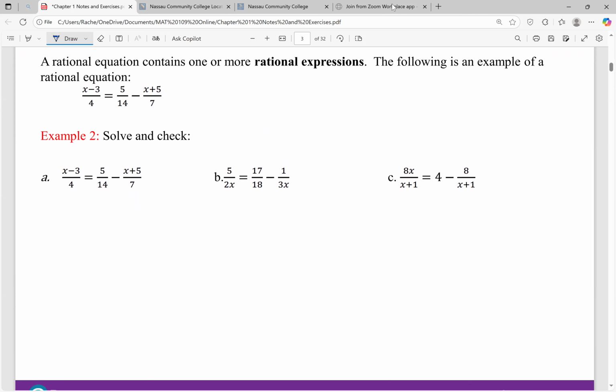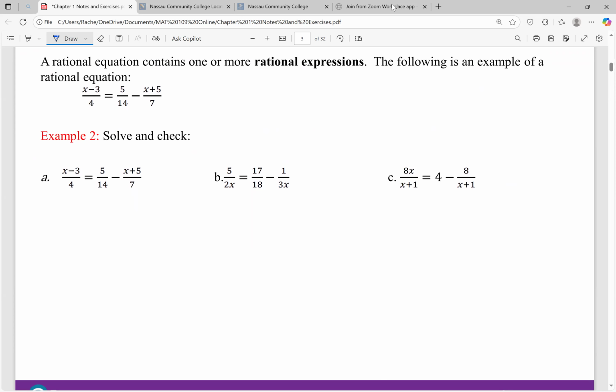I prefer not to work with fractions. It's just kind of easier to not work with fractions. So why don't we get rid of them at the beginning? But we're still going to keep both sides of the equation equivalent by multiplying both sides by the same exact factor, which is going to be the least common denominator. You're going to see it's going to get rid of fractions and it's going to make our life so much easier. So look at example A.